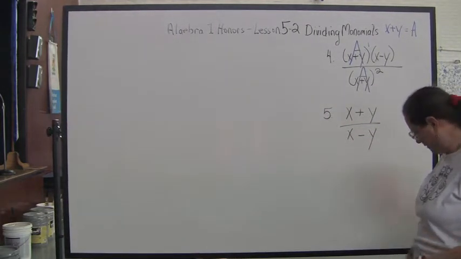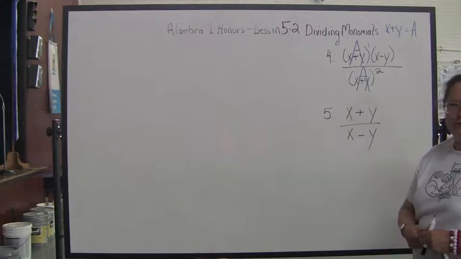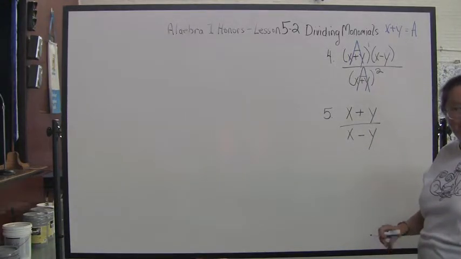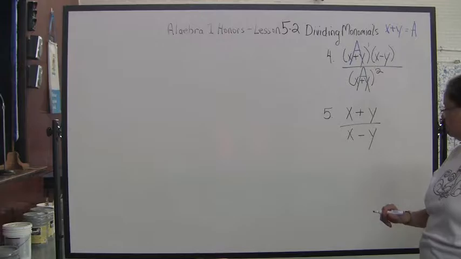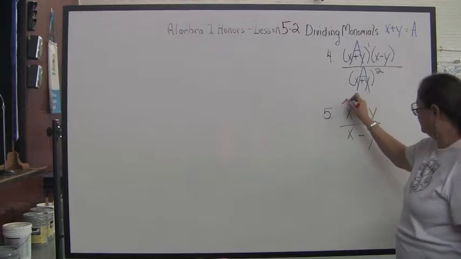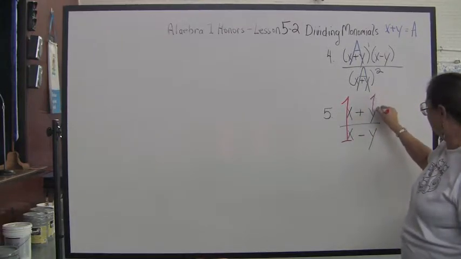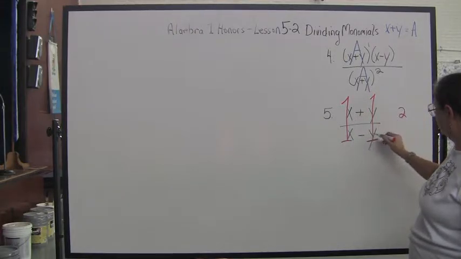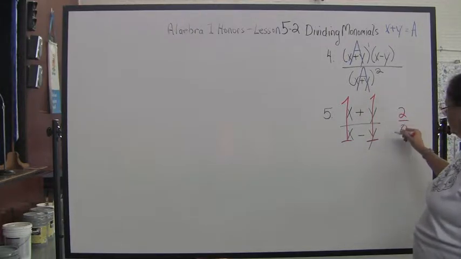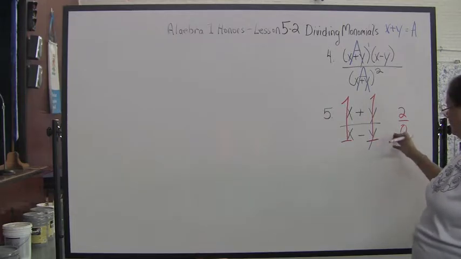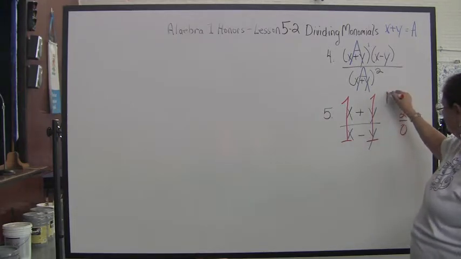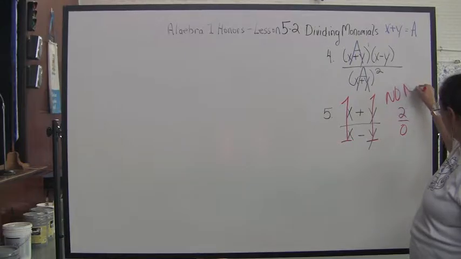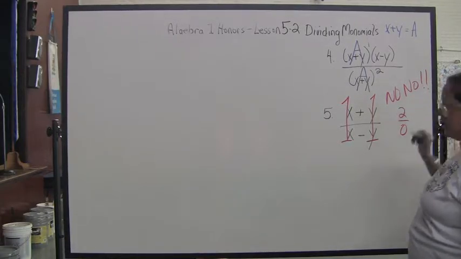What almost every student I've ever known wants to do with this, guess what they want to do? It's almost human nature. They want to say, okay, x over x is 1, and x over x is 1, so 1 plus 1 is 2, and 1 minus 1, oh dear, that's 0. We're in a horrible mess there. But it turns out, even if this wasn't 0, that's not right. This is a no. Bad. You cannot do that.